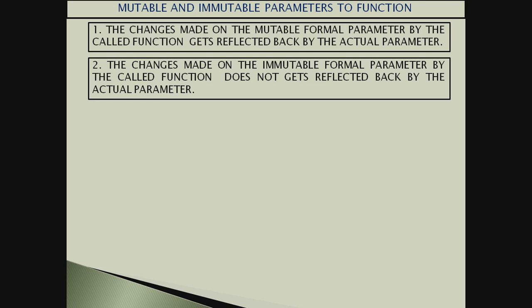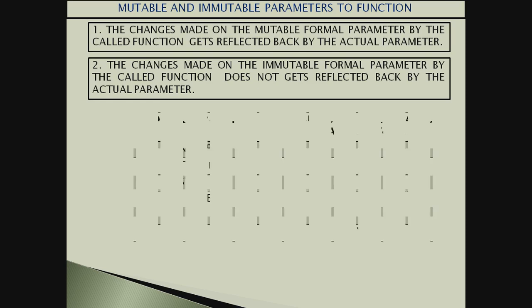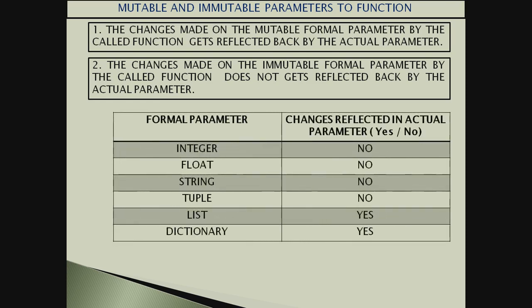We'll have a code and understand it. Now here you can see integer, float, string, tuple, they are of immutable type. So the actual argument is not going to reflect the changes. That is, changes reflected in actual parameter will have a no here. No changes would be reflected in the actual parameter for integer, float, string and tuple.